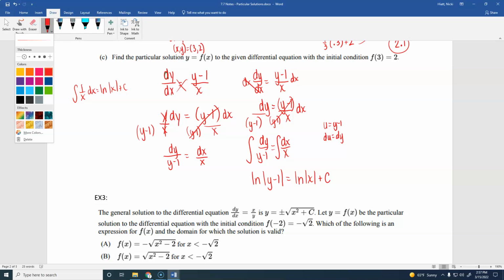In this particular case, because the derivative of y minus 1 is just 1 dy, your u is just going to be what's inside of your natural log. If that was a 2y minus 1, then our du would be 2, and we'd have to put a 1/2 out front, so it would work a little bit differently.